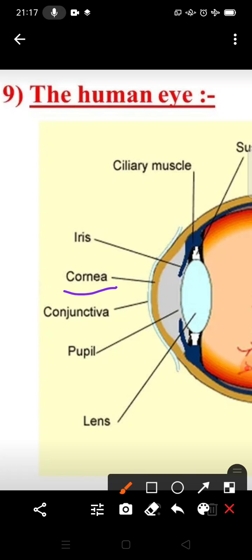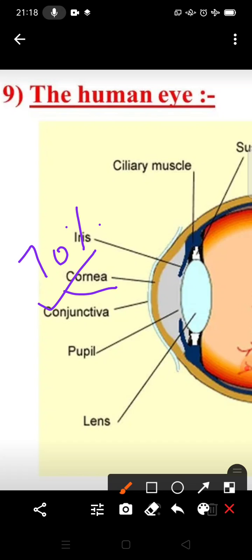And you know the cornea protects the eye. About 70% of the focusing of the light falling on the eye is done by the cornea.